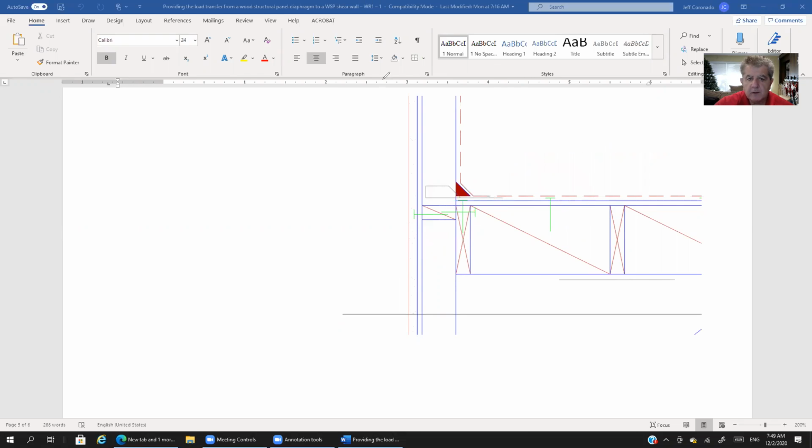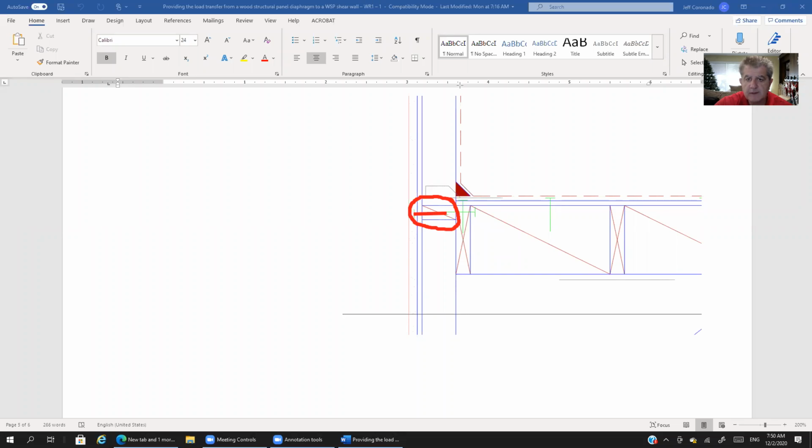So now the shear load that started in the diaphragm is in this element here. That's a block. That's a block between the studs in the wall assembly. Now we've gotten the load into the block. Okay, now what? Well, now from the block, we use this nail that I'm going to draw over.